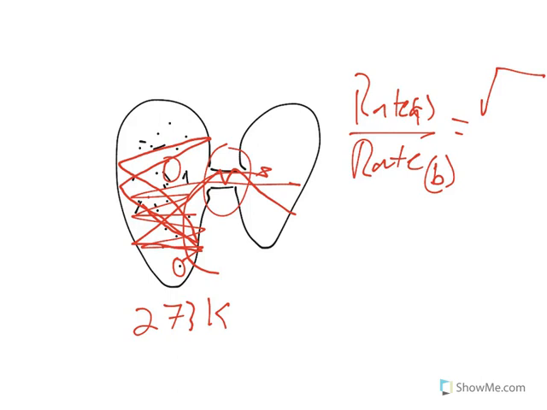But it is the molar mass of B over the square root of the molar mass of A.